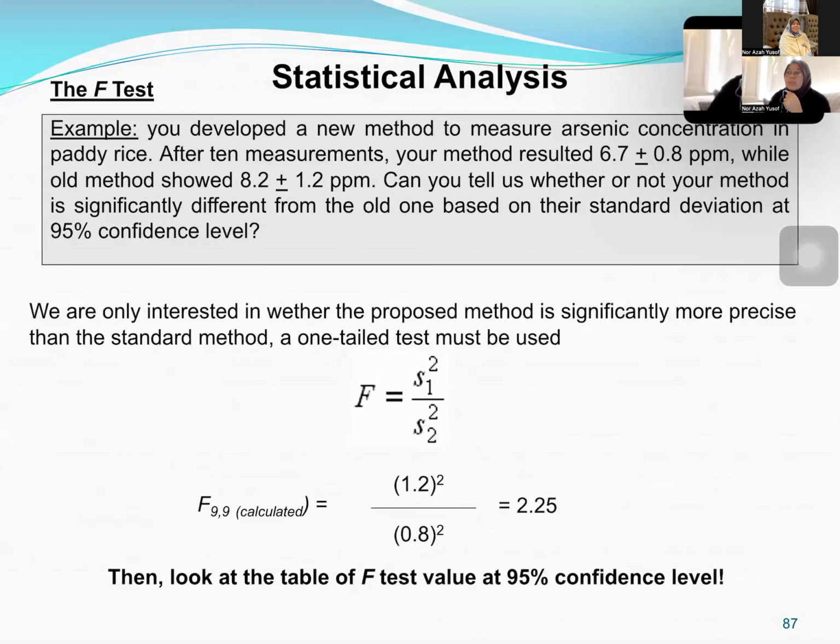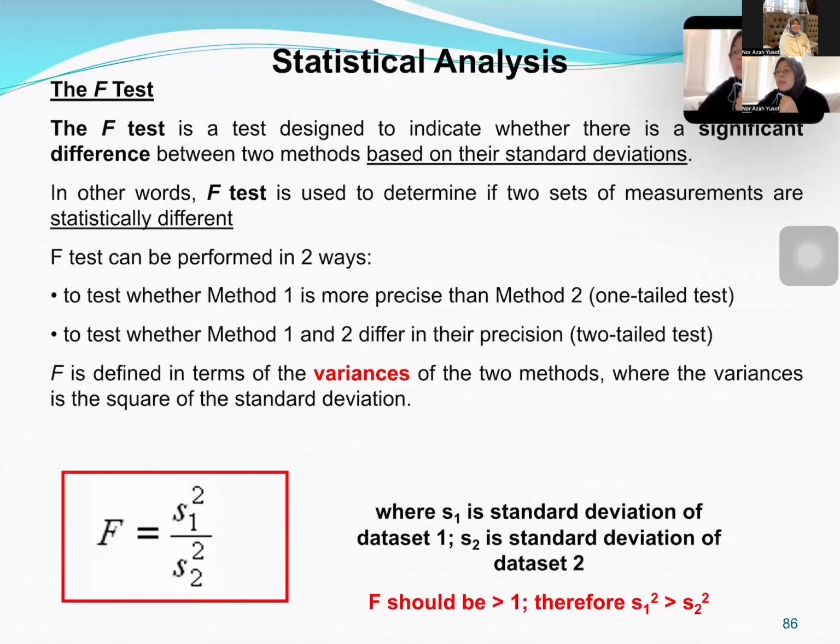So the first test that we are going to discuss, I think we will just discuss the F test first. The F test is related to precision, and based on their standard deviation.